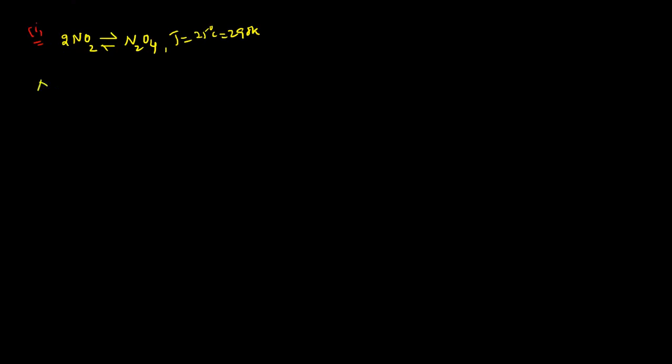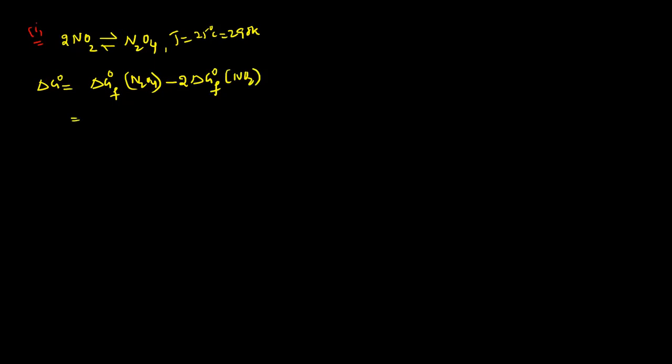What is the delta G naught value? Delta G naught equals delta G naught of formation of N2O4 minus 2 into delta G naught of formation of NO2.